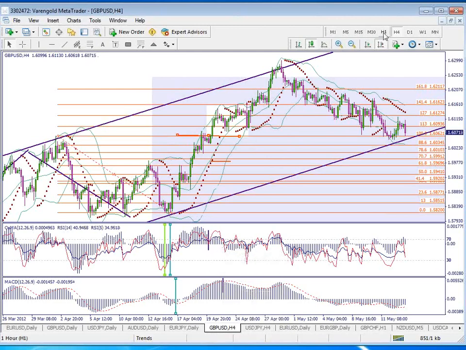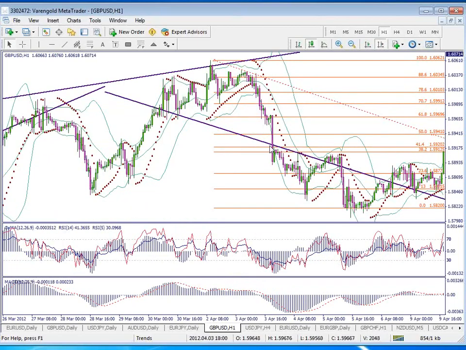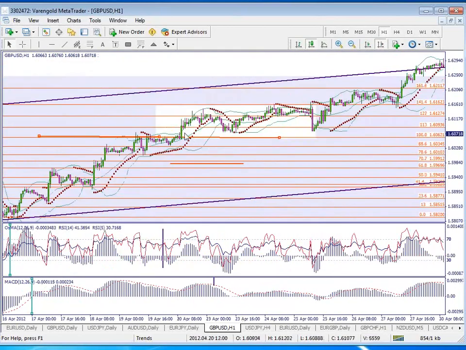Let's see what I have in the 1 hour time frame. Those were my signals for sell. Here in 1 hour, I have one signal for buy.